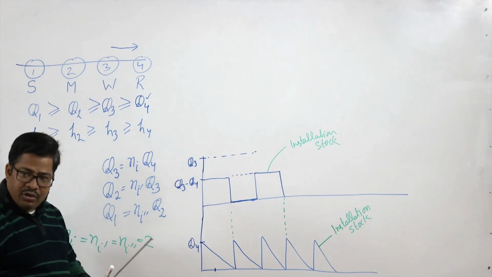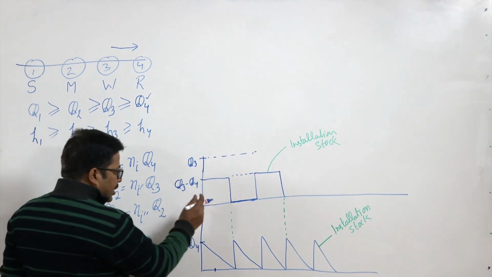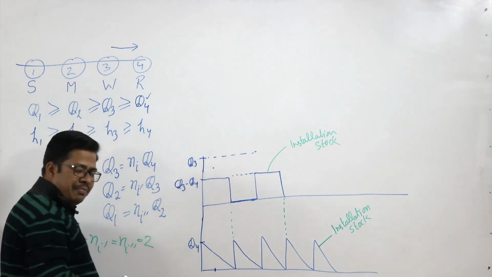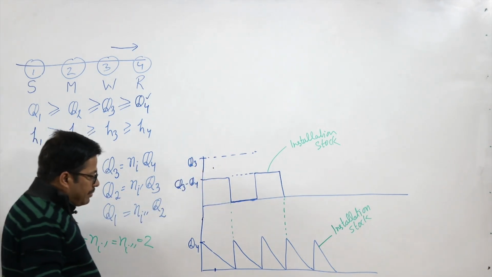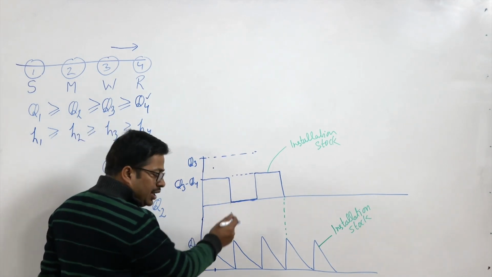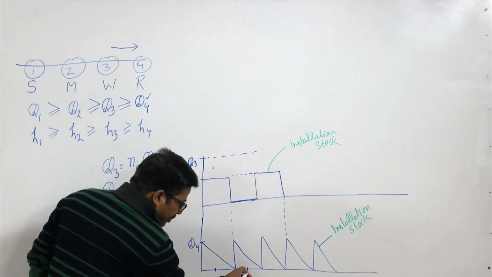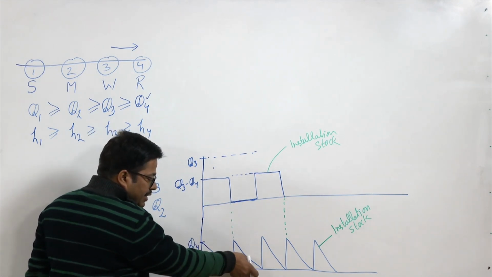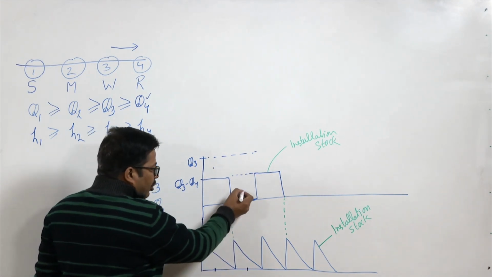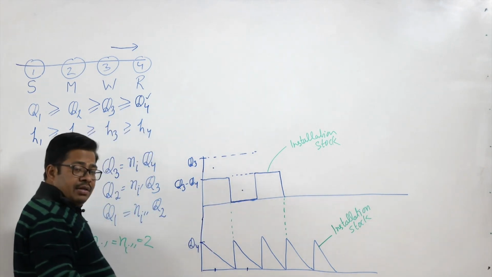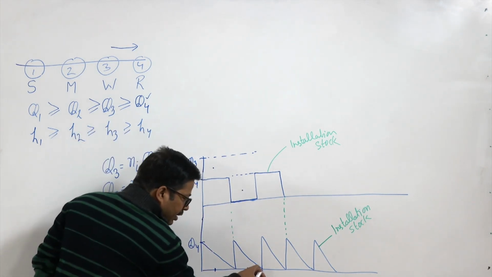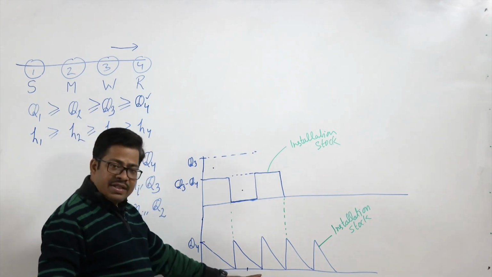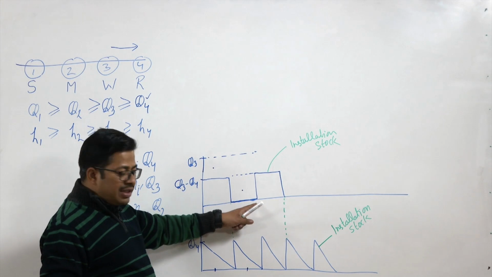I want to see the total inventory, so this plus this point will come somewhere here. At this point, the total inventory at stage 4 as well as at stage 3 is 0.